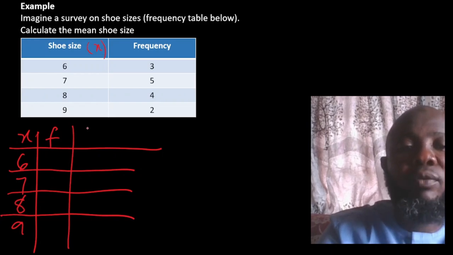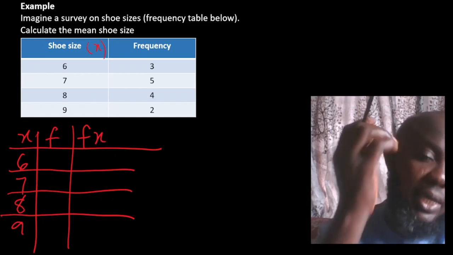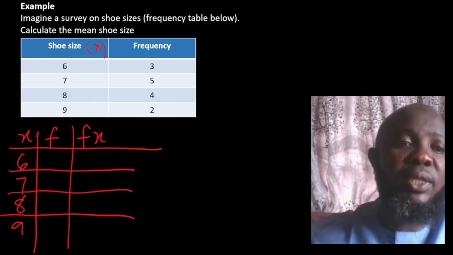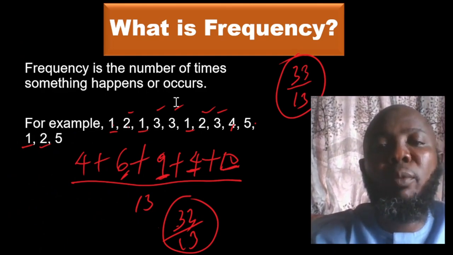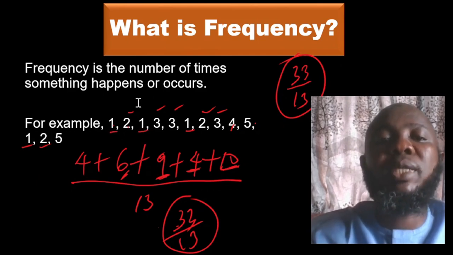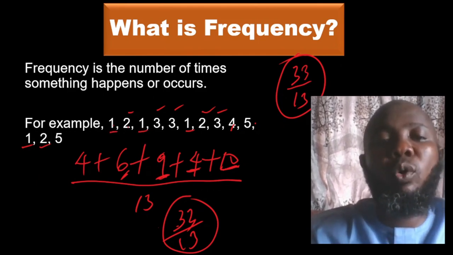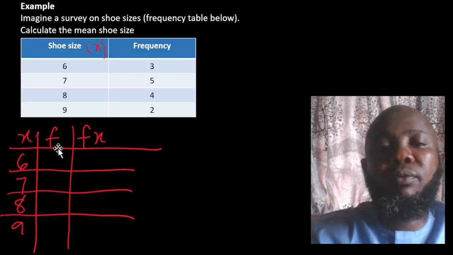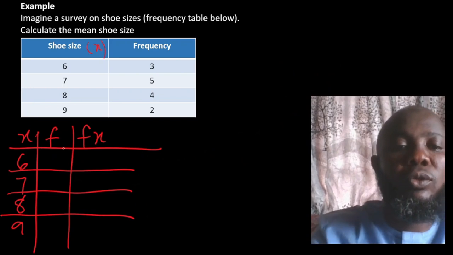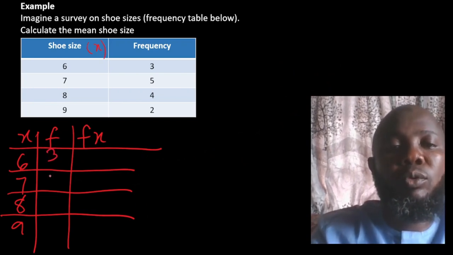Then we're going to have frequency multiplied by the value, which is x. Don't forget what we did here. You can see that the number of times 1 occurs is 4 times. That is, we did 1 times 4. So the same thing we're going to do here. The frequency we have here is 3, so we put our 3 here. We put then 5, 4, then we have 2 here.